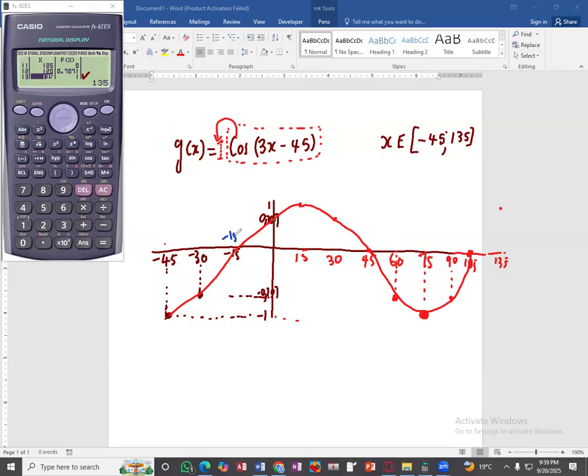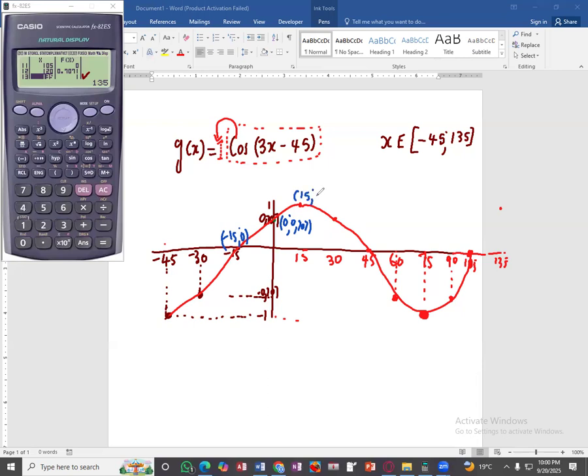-15 and 0 is the x-intercept. You must show it neatly. This point, it's 0 and 0.707, is the y-intercept. Please show the x-intercepts, and the y-intercept must be shown. This one is the turning point. Show it.